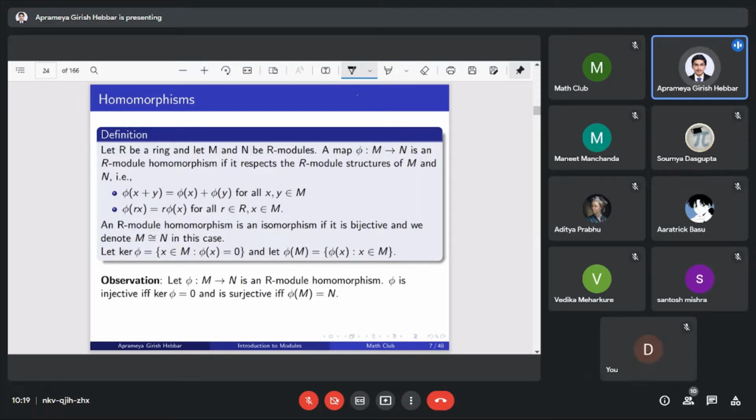An R module homomorphism is injective if and only if the kernel is trivial, only 0. And it is surjective if the image is the whole of N. So phi of M is also denoted by image of phi.